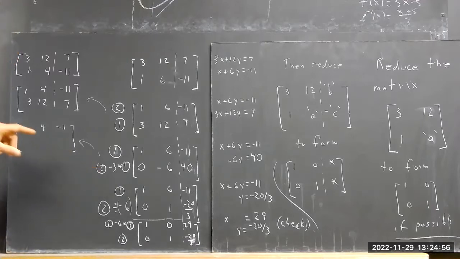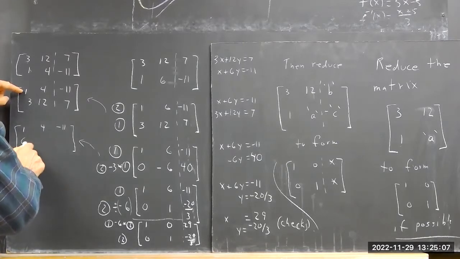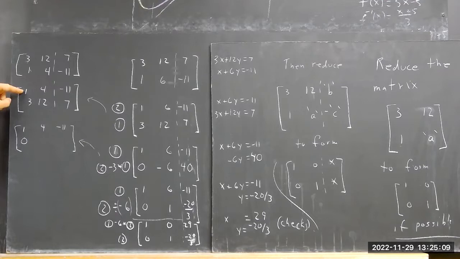If I do row 2 minus 3 times row 1, then I'm going to do 3 minus 3 times 1, which gives me 0. And that's, of course, why I do that. I get the 0. Then I've got to do this minus 3 times this. 12 minus 3 times 4. What's that give you?